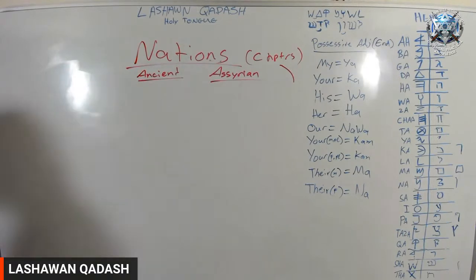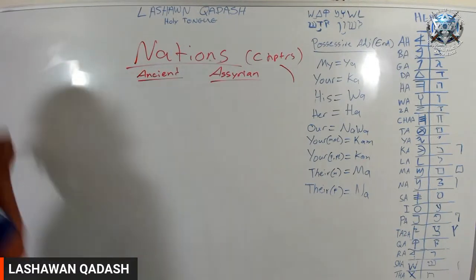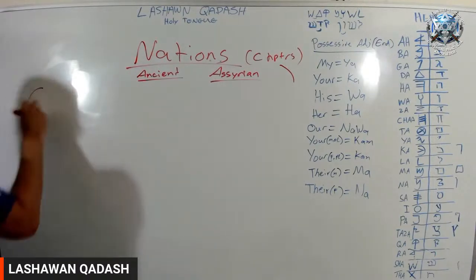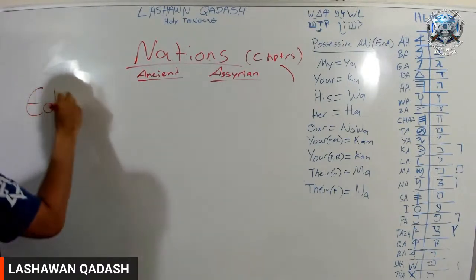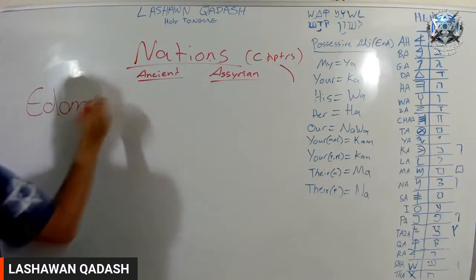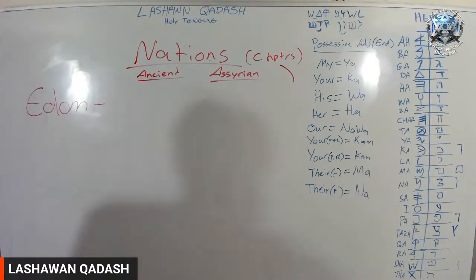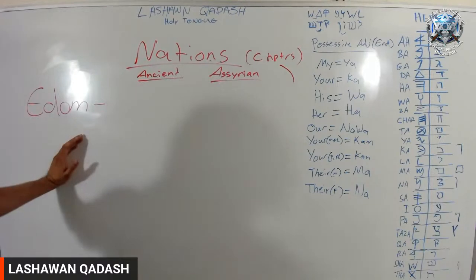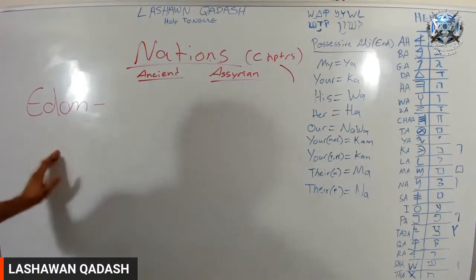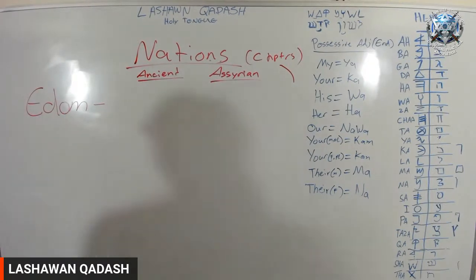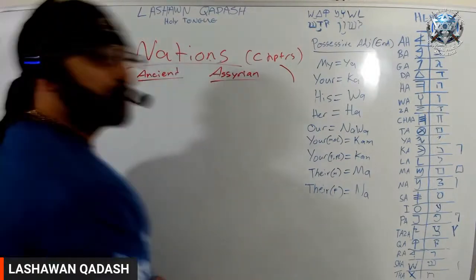Also introduced in that very same chapter is the adversary, Edom. If this is the grand story of the entire planet, you've got to have an antagonist, right? And that antagonist has done his part. Adawam.